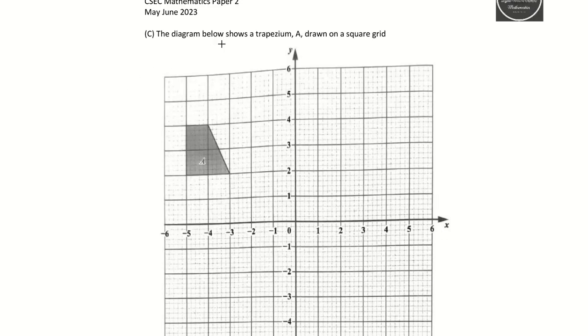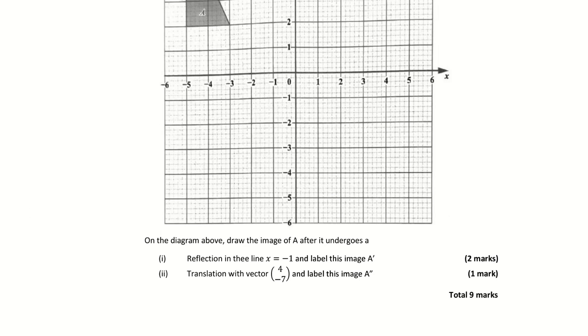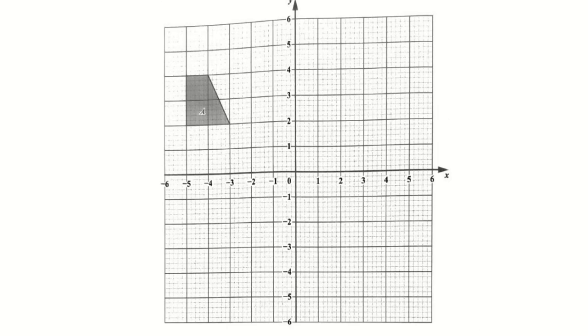They said the diagram below shows a trapezium A drawn on the square grid. Reflection on the line x = -1, label it as image A, and then a translation. So image A is undergoing one of these, and then it undergoes a next translation of +4 and then -7.